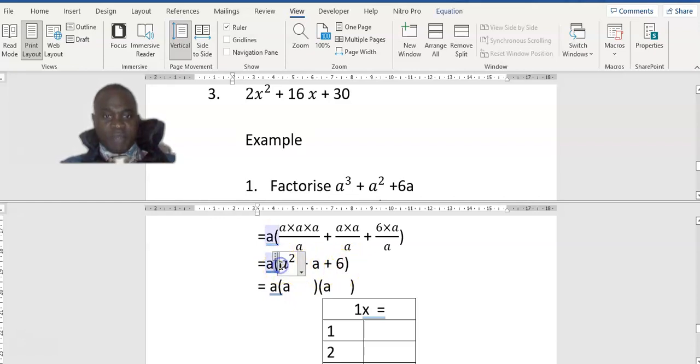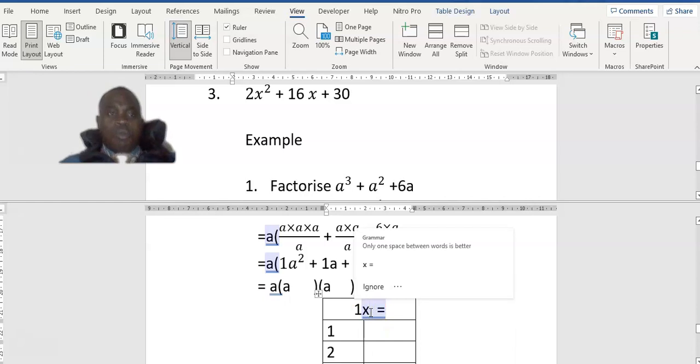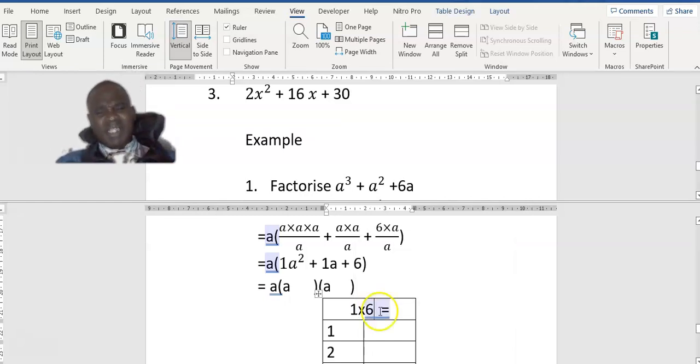There is 1 in front here. Put it there yourself. You will not see it in the question. You must put it there to help you to answer. So we have our 1 there. So it means 1 times 6, this is going to give you 6.